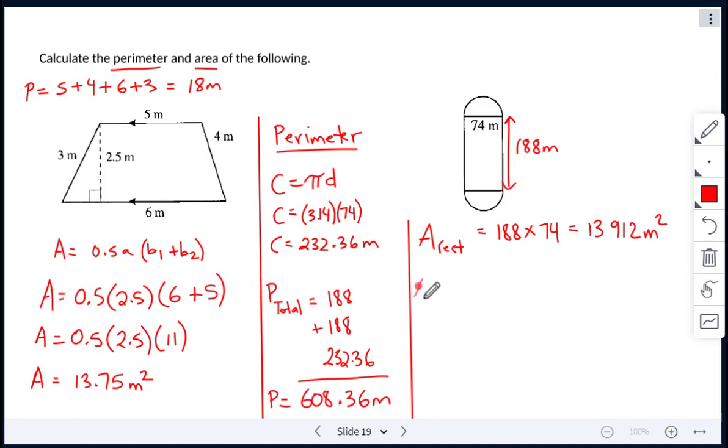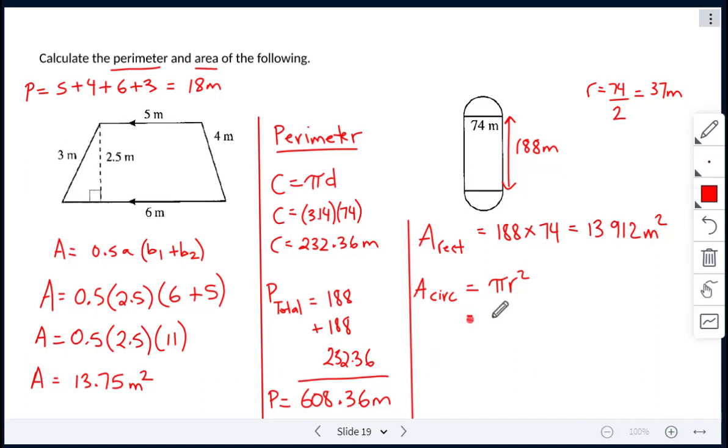Then we have the area of the circle, which is pi r squared. All right, so we are given diameter here. Our diameter is 74 meters. So for radius, we have to do 74 divided by 2, which is 37. That is our radius.